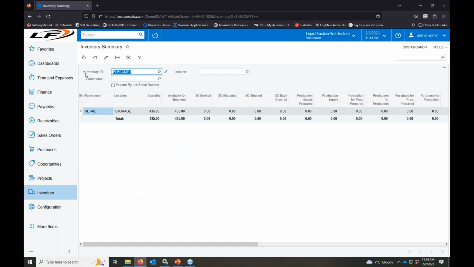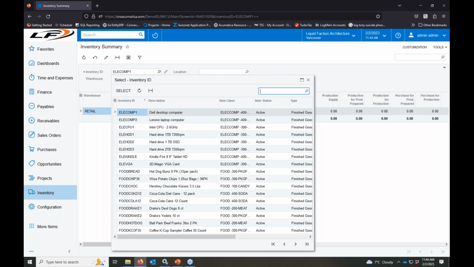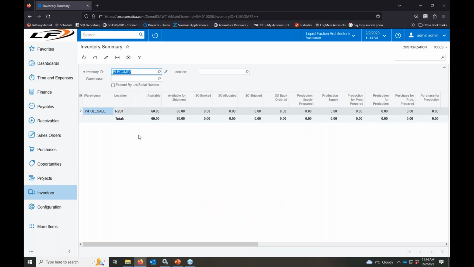Here we've got that star, which says that the item ID is required, but the warehouse and location have been left empty. If this is an item that was stored across 10 or 15 different locations in the system, we may want to specify that. But in this case, it's only in one. So we've got 435 available. If we choose a different item, it'll update like that.